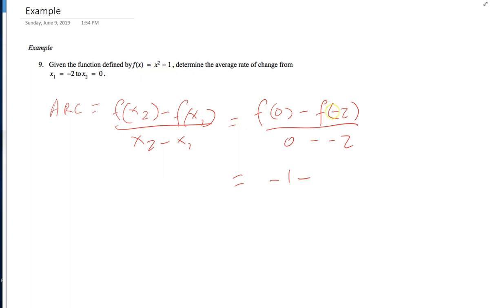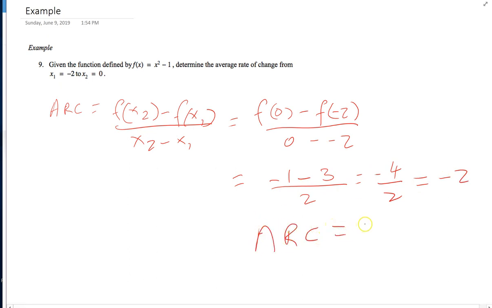And then f of negative 2 will be negative 2 squared minus 1, that's 4 minus 1, that's 3. So that's negative 1 minus 3 over 2. So it's going to be negative 4 over 2, which is equal to negative 2. So your ARC here will be negative 2. All right, so that is how you find your average rate of change between 2 points.